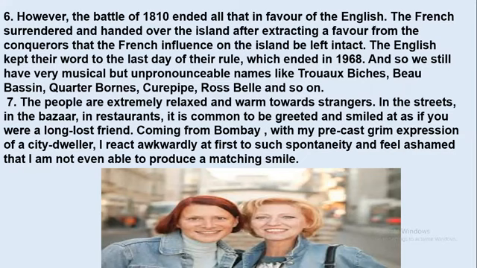He says, I react awkwardly at first to such spontaneity and feel ashamed that I'm not even able to produce a matching smile. He feels that they smile so nicely at strangers, with such a warm welcome, that even he is not able to match their smile, though he comes from a city like Bombay. This shows the feeling of oneness and the hospitality of the people of Mauritius.